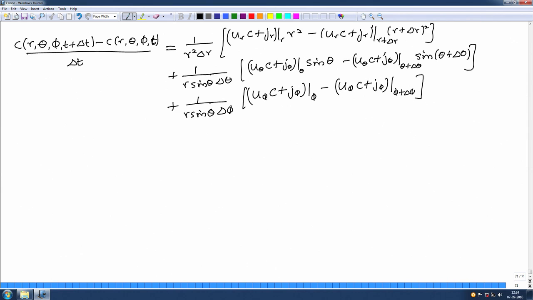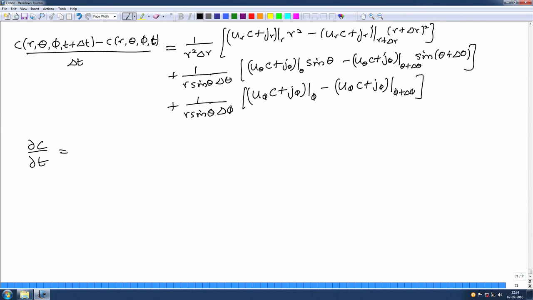So, that is the difference equation simplified, and now I take the limit delta t, delta r, delta theta, delta phi going to 0. And the differential equation you will get will be partial c by partial t. I have u r c plus j r at r minus u r c plus j r at r plus delta r, times r square.